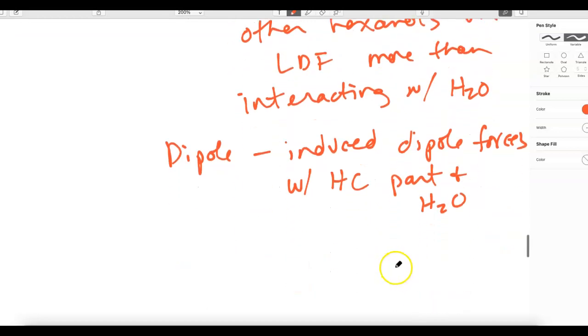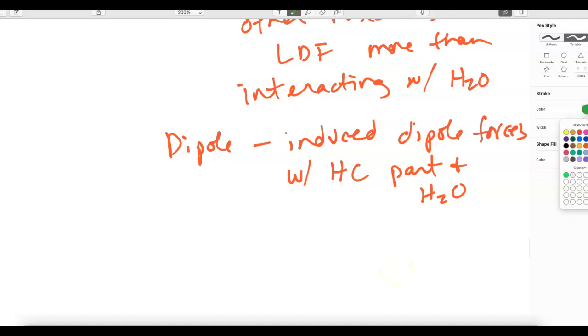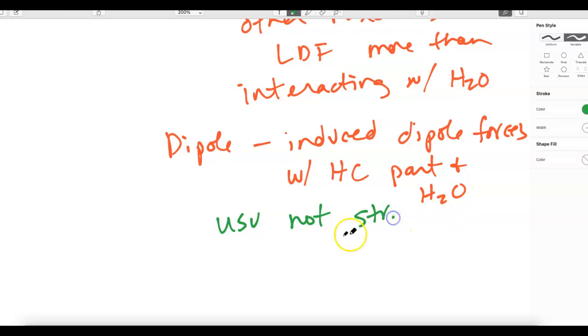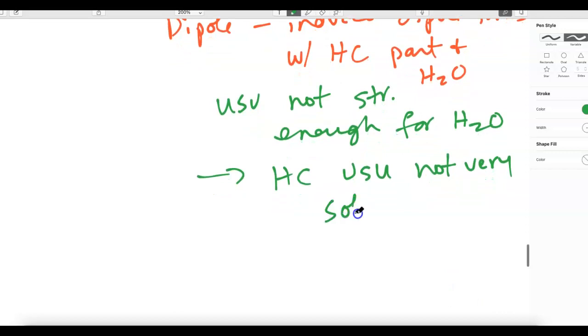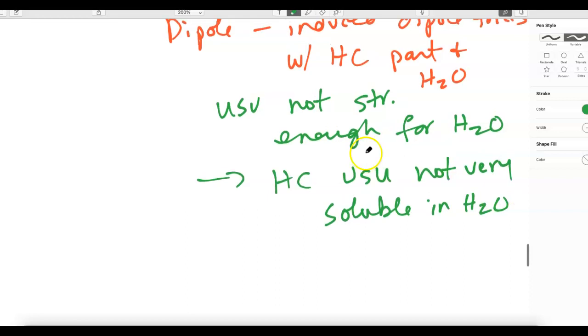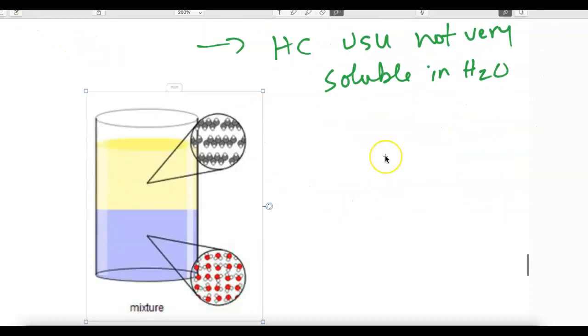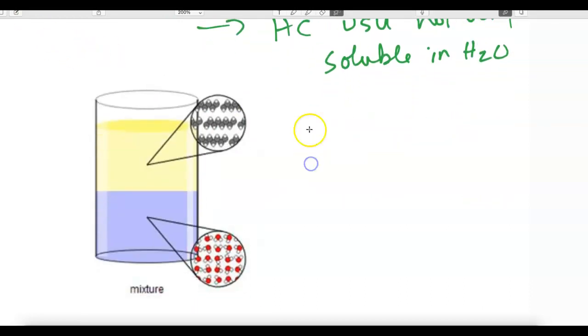And again, that's usually not strong enough for the water. And so that's why hydrocarbons are usually not very soluble in water. In a case like that, you see a heterogeneous mixture.